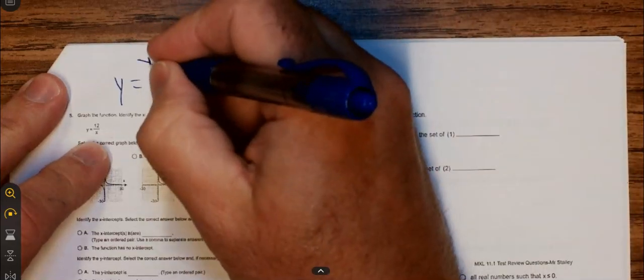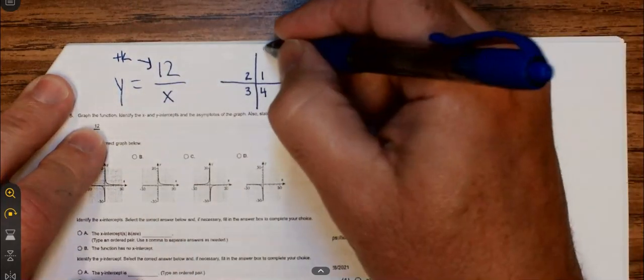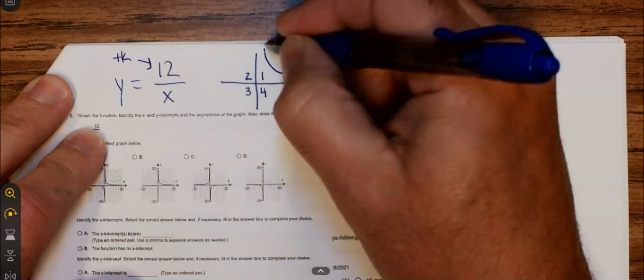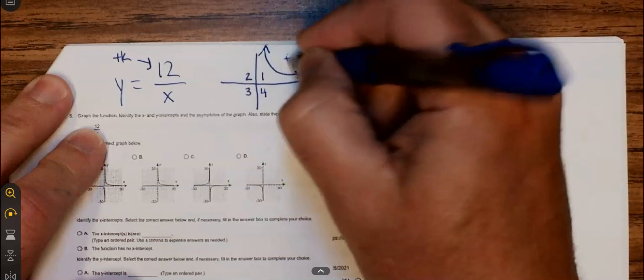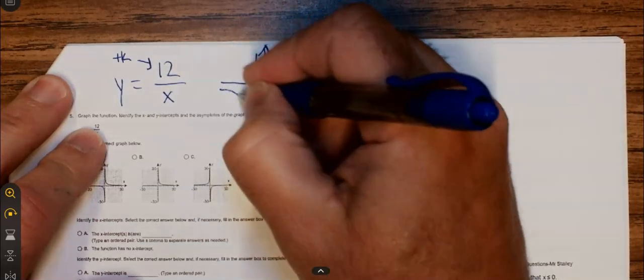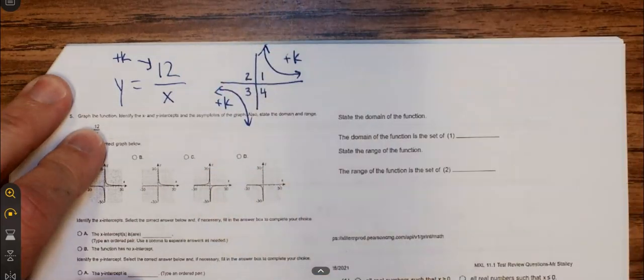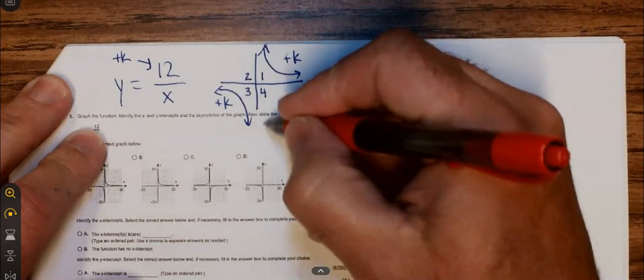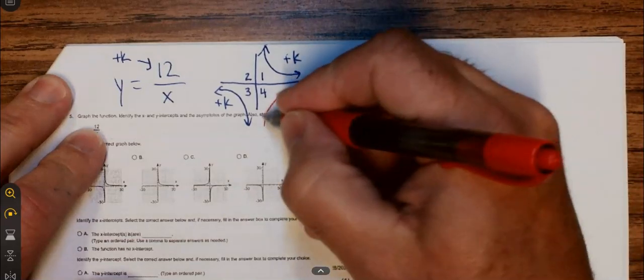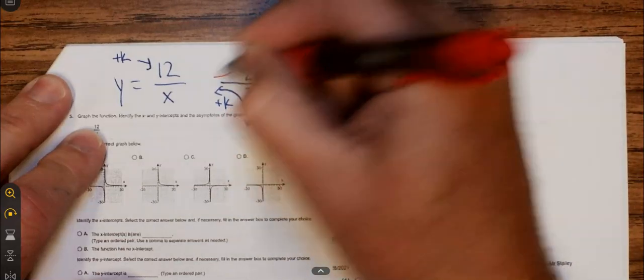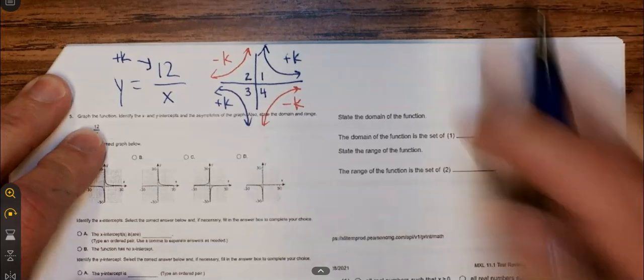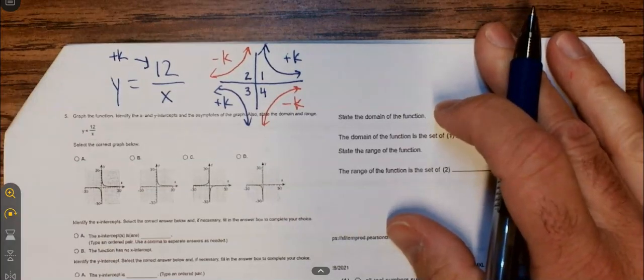When we have a positive k value, like we do in this example, you will get 2 branches, one here and one here. But if you had a negative k value, you would get 1 branch here and another branch here. So it just depends on whether you have a positive k or a negative k.